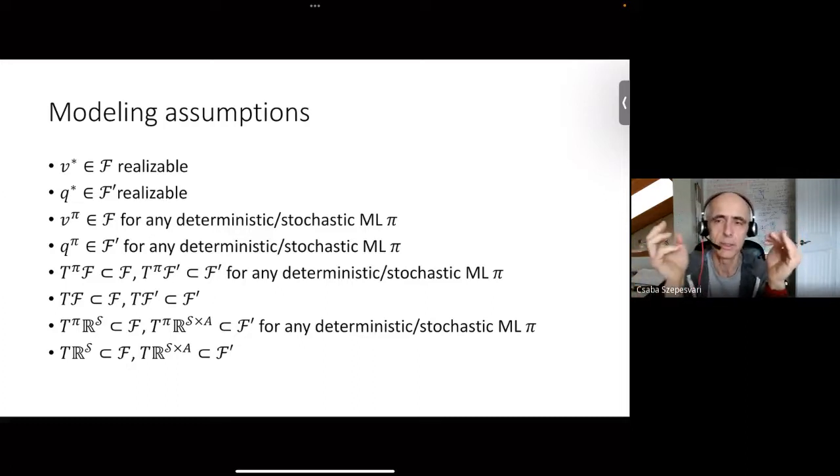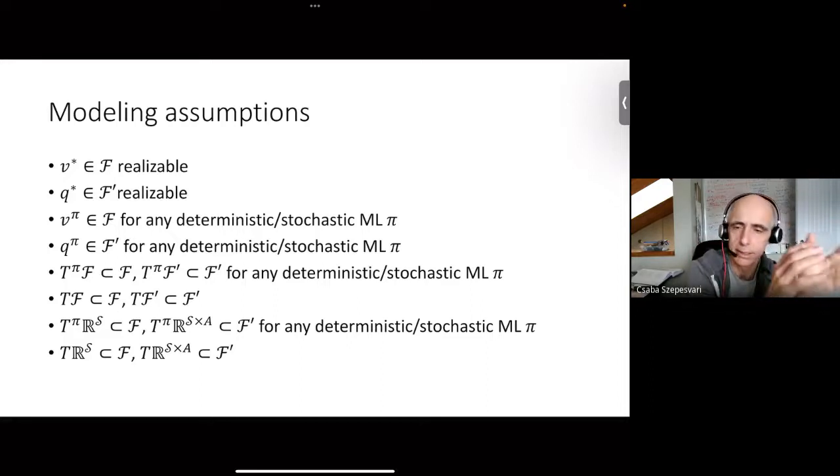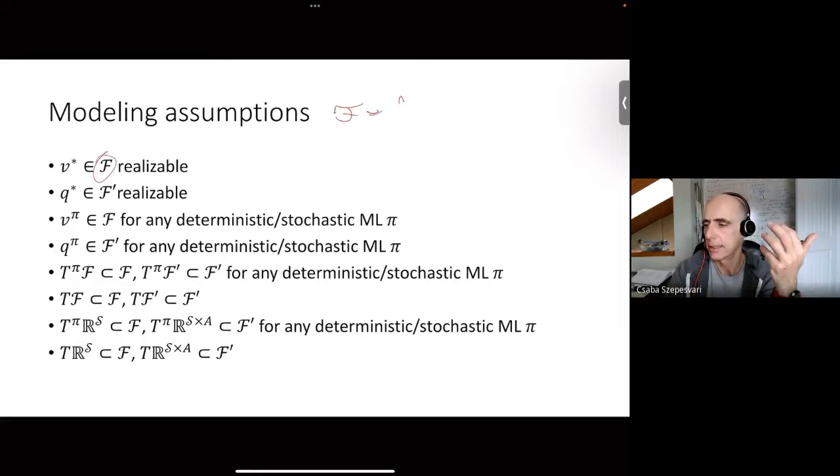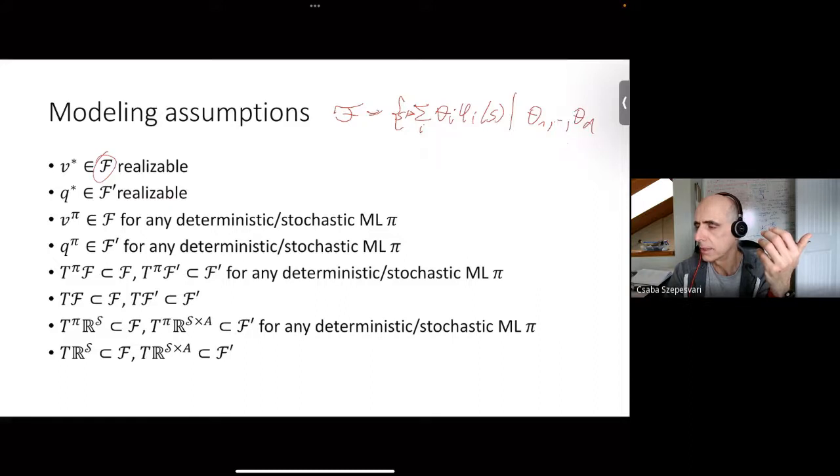So one of the simplest ways is to say that, well, you have your function class. These are the functions that you can compactly represent with your function approximator. If you are in the linear case, then these are all the functions that map S to the sum of theta i times phi i of S, where theta 1 through theta d are just reals.